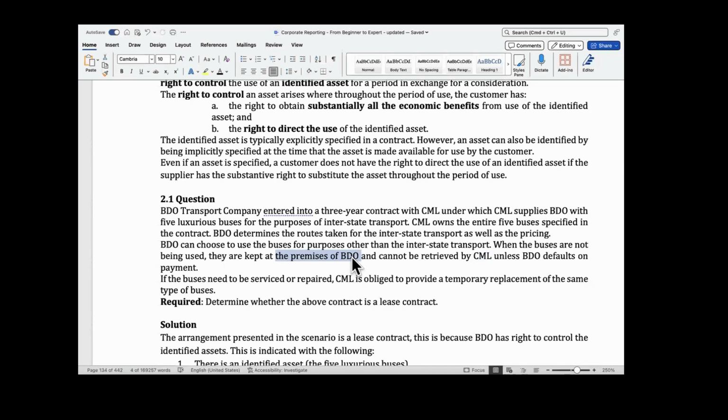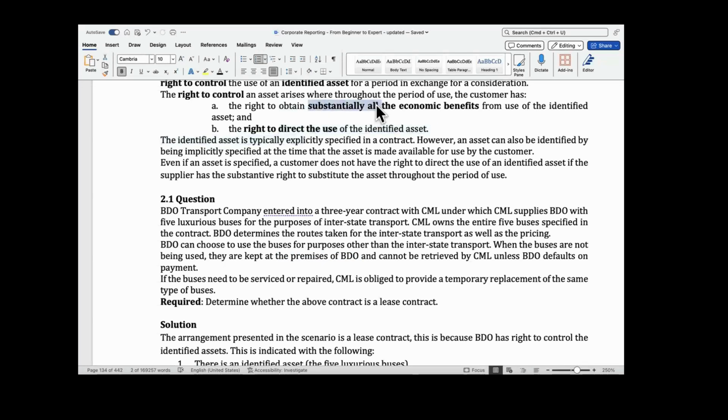You can easily use that as a pointer to show that BDO is the only one using it. But that does not mean it cannot be kept in the premises of CML. It can. What is important is that CML is not using it. It's only BDO that is using it. So in this case, the two are present.